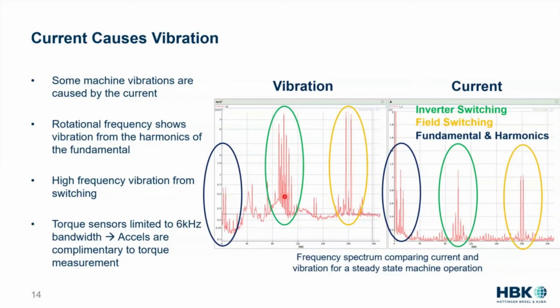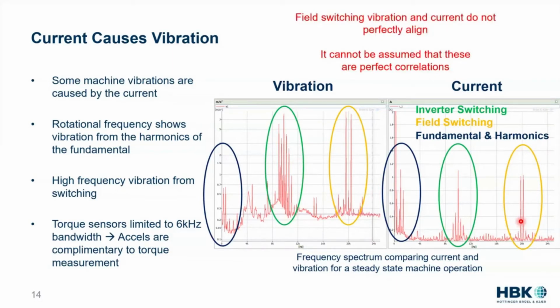And then this specific machine was a wound field machine, so there's a field winding. And if we look at the peaks here, it looks like these two peaks are really closely correlated at 20 kilohertz. But if you look at the peak values, so the actual frequency values, we find that the field switching frequency and the vibration are not necessarily at the exact same frequency, which really threw us off, because there's obviously some causality there, but they're not directly correlated.